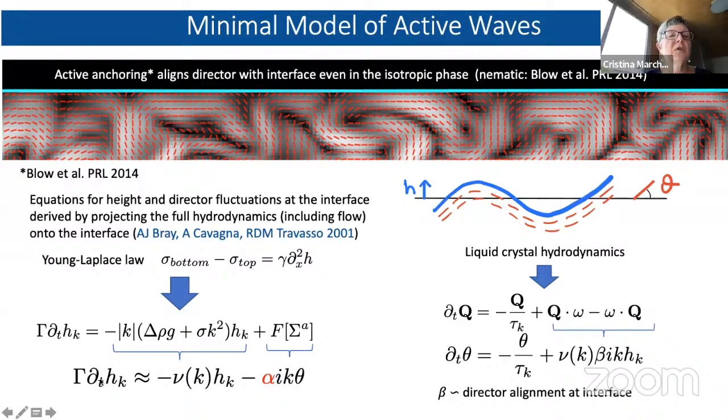So height relaxes through tension and is driven by gradients of the orientation of the filament, proportional to activity. The fluctuations in the orientation of the filament relax passively and are driven by height fluctuations.